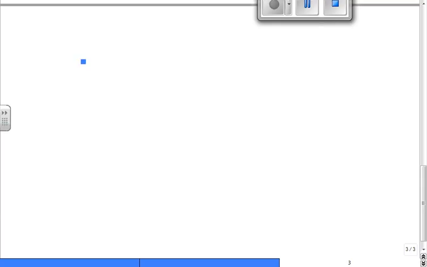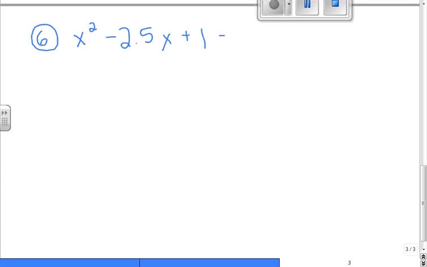On problem number 6 from the homework, problem number 6 says x squared minus 2.5x plus 1 equals 0. Well, we know that this is a quadratic equation.